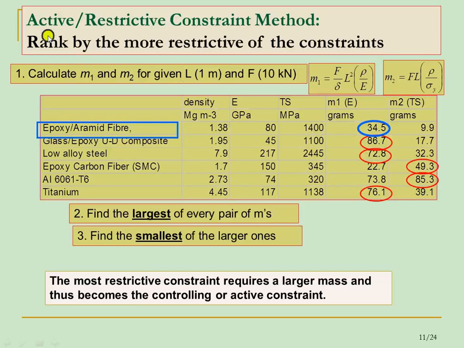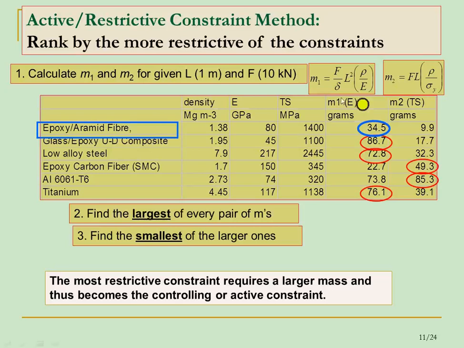Your activeness or restrictiveness of a constraint is dependent upon the values of L and F in this particular example. And in many examples it will depend upon some other parameters, other than material properties, which we do not desire. And how do you solve it, we will see today.